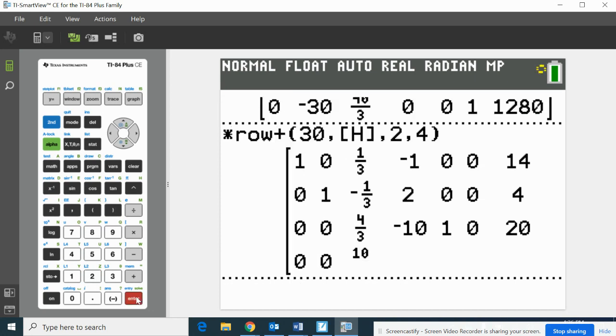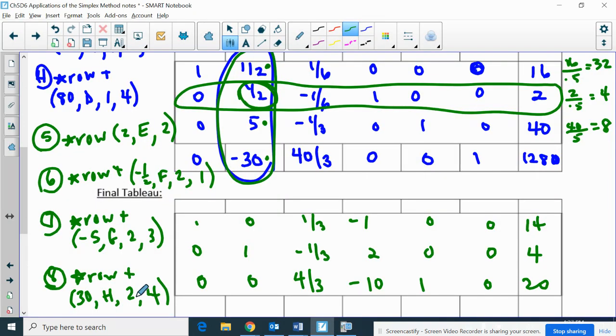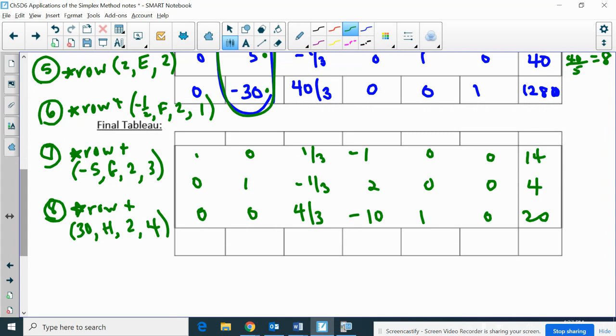Close it up and enter. And now that last row can go get written into my tableau. So 0, 0, 10/3, 60, 0, 1, 1400.